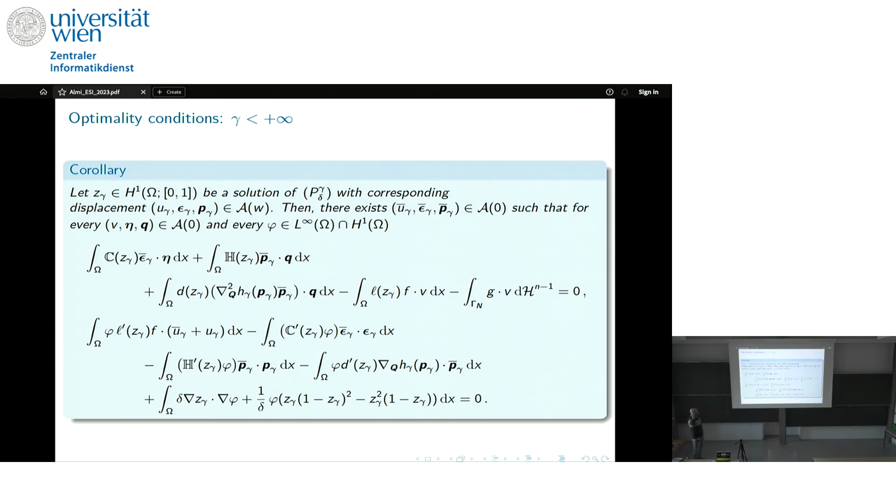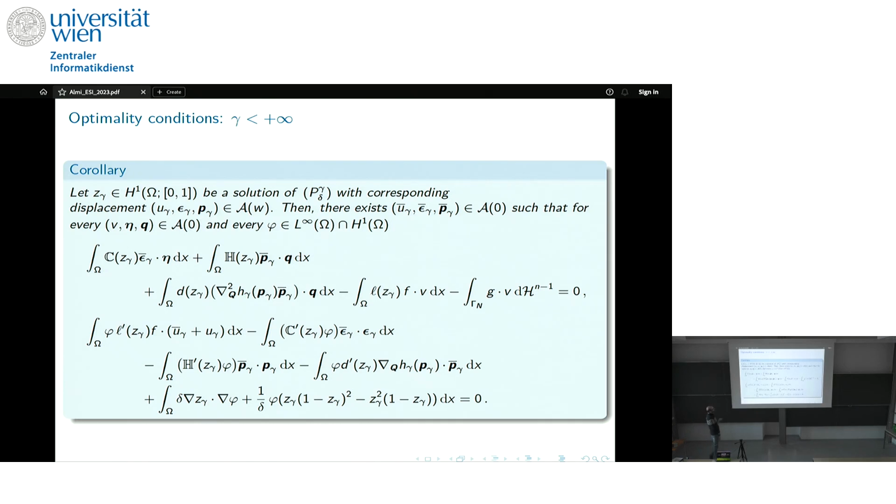What you say is that at the regularized level, there exists some adjoint variable, this adjoint tripole here. And the optimality conditions are written here. The first one is already the problem for this variable here. It's a sort of elastoplastic system, similar to what you've seen before. Simply, this is not depending on the direction of the derivative anymore.